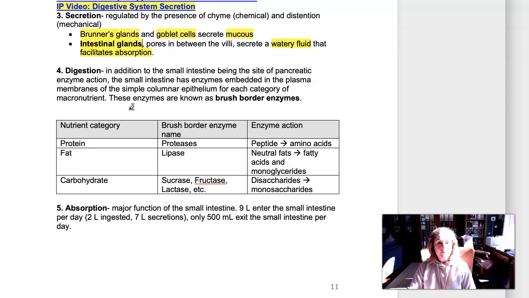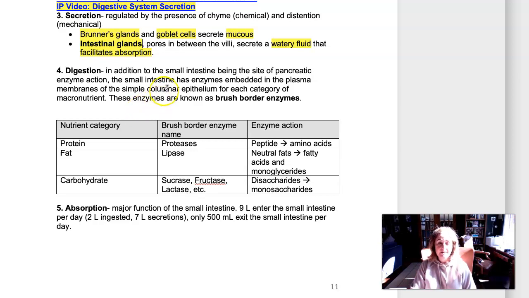That's all. So digestion. Digestion does occur in the small intestine, and let's just remember what we have talked about already. In the small intestine, this is where the action of the pancreatic amylase, pancreatic lipase, and the 3 pancreatic protein digesting enzymes, trypsin, chymotrypsin, and carboxypeptidase, are all having an effect.